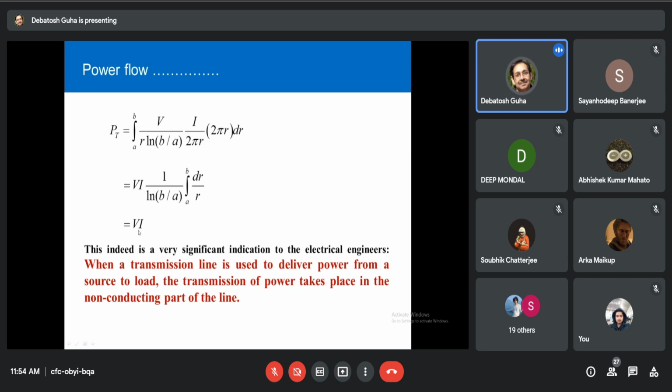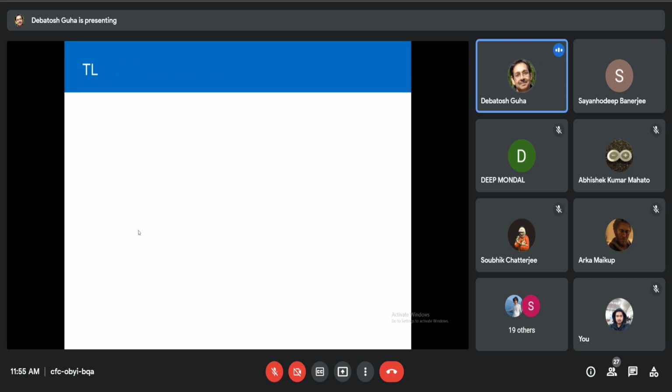And it is one of the very simple mathematical demonstrations by which you can realize that when you calculate electric fields surrounding any electrical wire which is carrying current, whatever frequency it has, its power flow which is taking place in the non-conducting part is equal to V and I. That means we learned one day that V into I is the power flow, but that power flows through the non-conducting part of the medium. Okay, so that is the final conclusion.